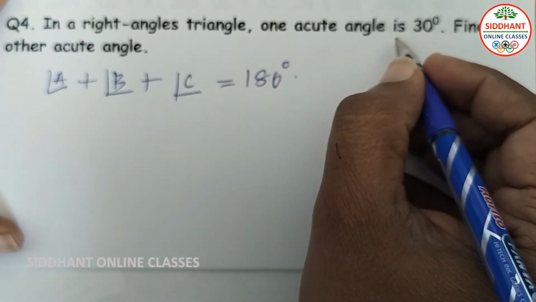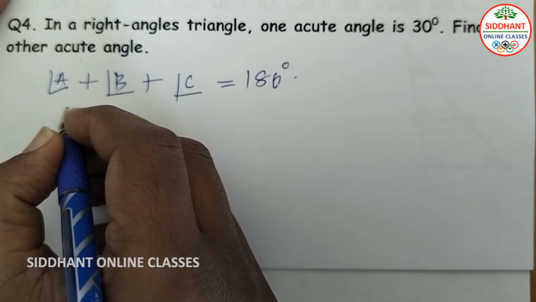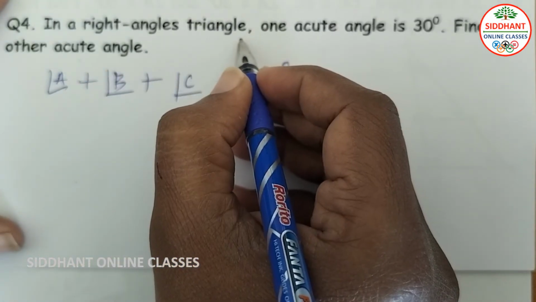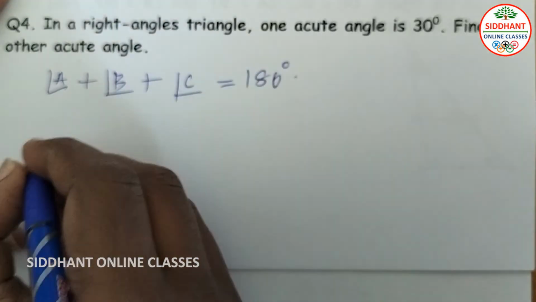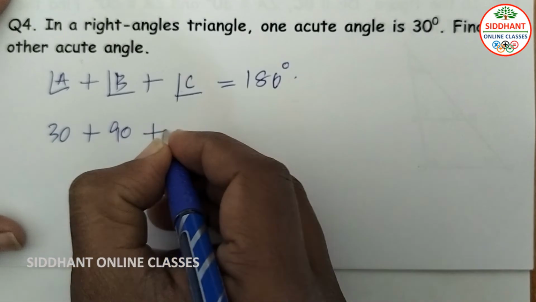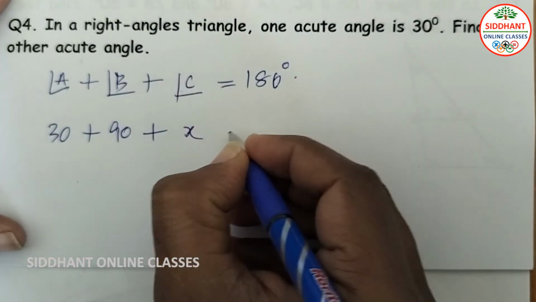So one angle is given, that is 30 degrees. The other angle, it is a right angle triangle, that means the other angle will be 90 degrees. So here 30, the other angle will be 90 degrees. And you are going to find out the other acute angle here. So let it be x here.